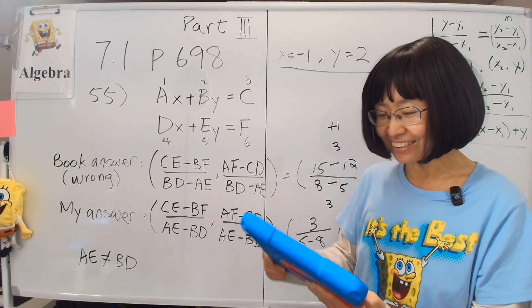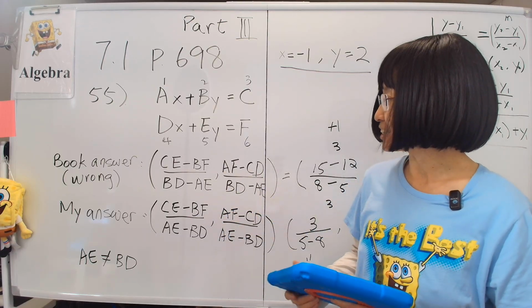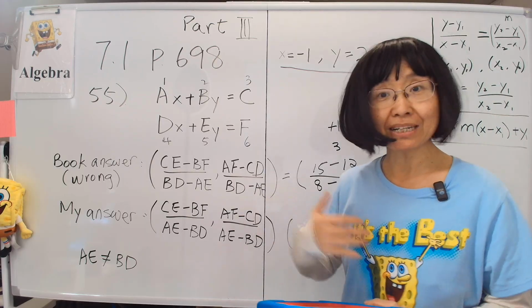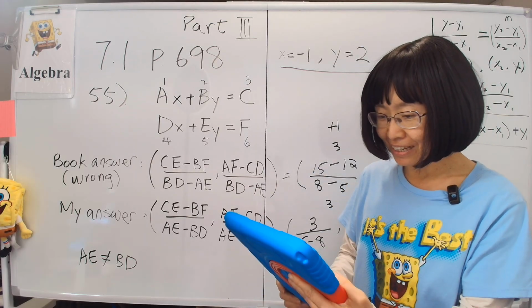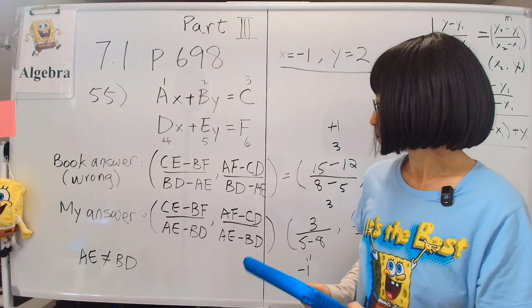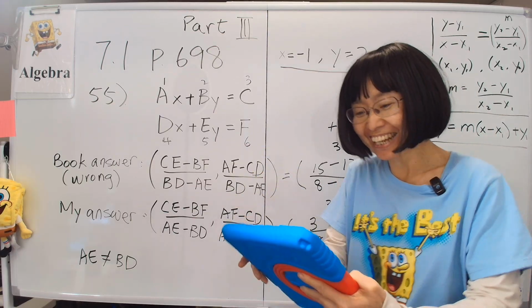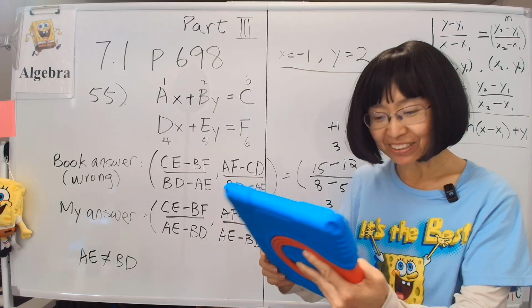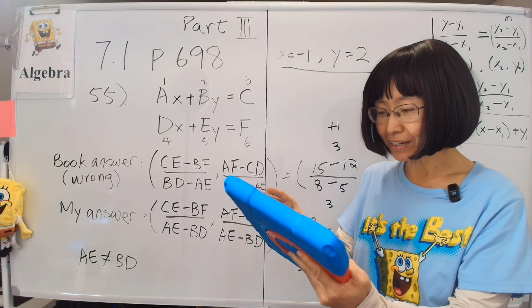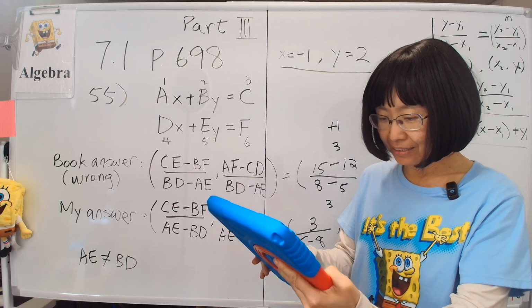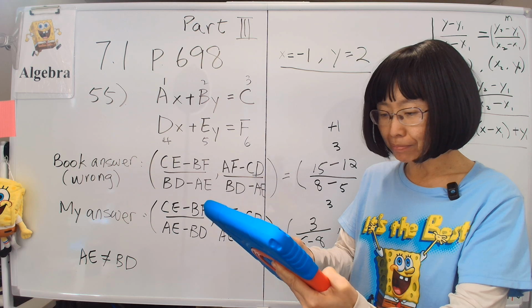It happened, right? And so the book made a mistake, which makes me look better, since I make mistakes all the time. So I'm glad to see other mathematicians also messing up. Misery loves company.